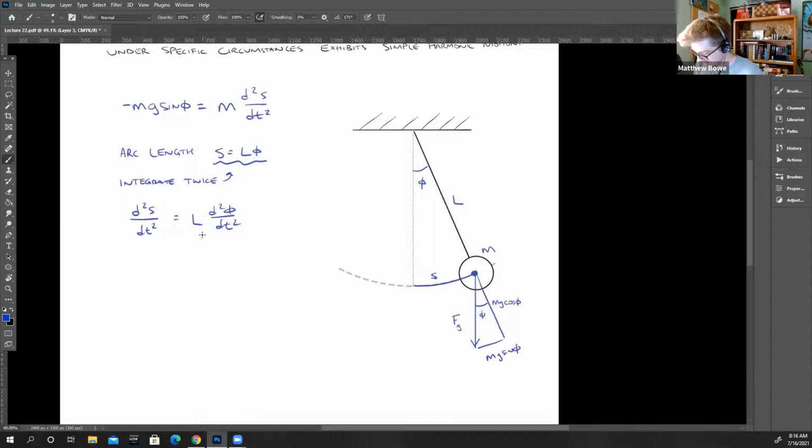So we're going to take this and put it in for d squared s over dt squared.